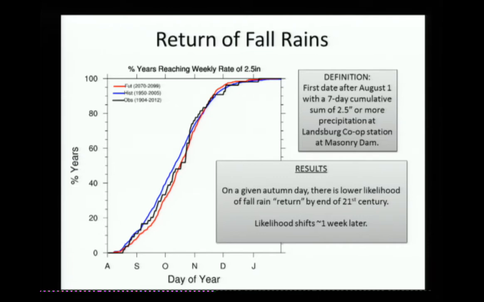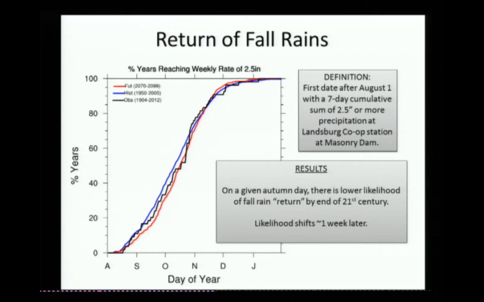So if we look at October 1st, if we go up and we look at the blue line, we see that about 40% of years reach that return of fall rains threshold by October 1st. But into the future, and this is at the end of the 21st century, the percent of years reaching that threshold by October 1st decreases. So essentially, the likelihood of the fall rains returning on a given day shifts later by about a week, just under a week.